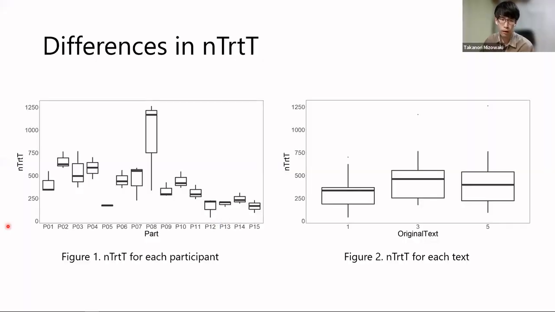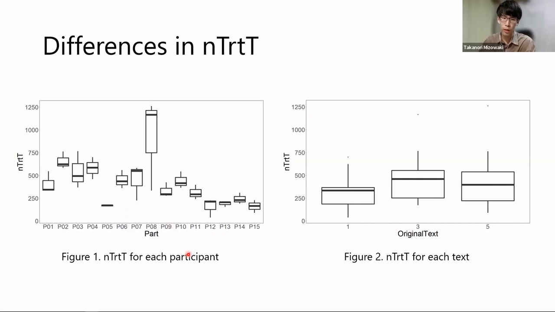To give you a general picture of the obtained data, here are some graphs showing the relationship between participants, text, and reading time. The y-axis of both graphs is NTRTT, which means readers' cognitive effort in this study. In figure 1, the left plot, the x-axis refers to the 15 participants.